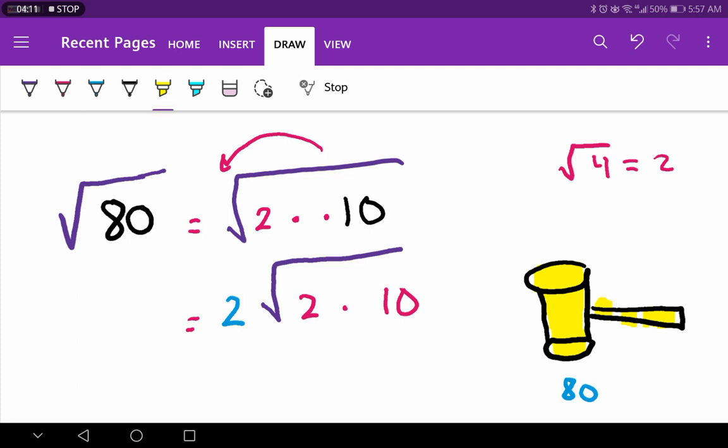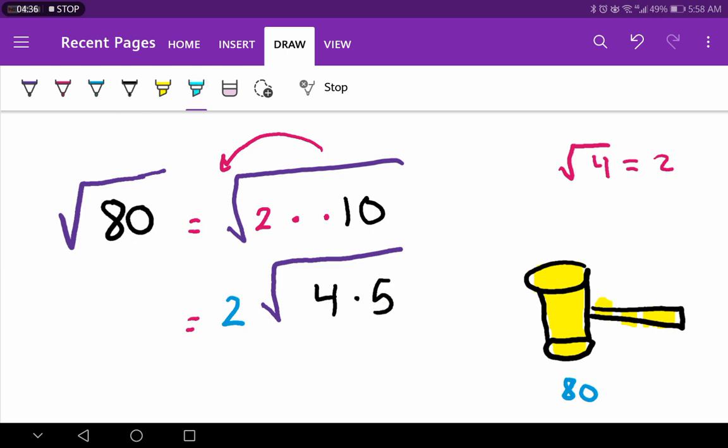Now I will multiply 2 by 10 here and put them together as 20. And I know 20 comes from 2 and 10, and I can break it into 4 and 5.